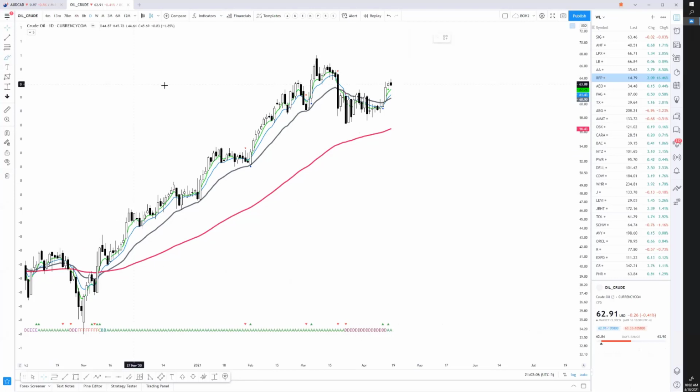Sabi ko sa inyo kanina, mas gusto ko yung malilinis. Or kung magda-W man siya, maganda yung spacing between the legs na tipong ganyan, no? Pagka clumped up na ganito, automatic yan, ang risk dito will be a lower high kasi at pwede siya magkaroon ng type 1 correction on a W structure.